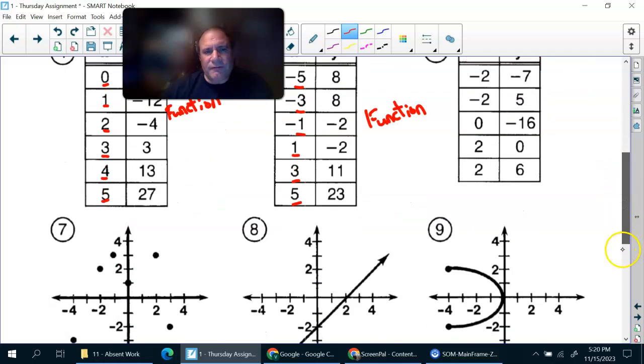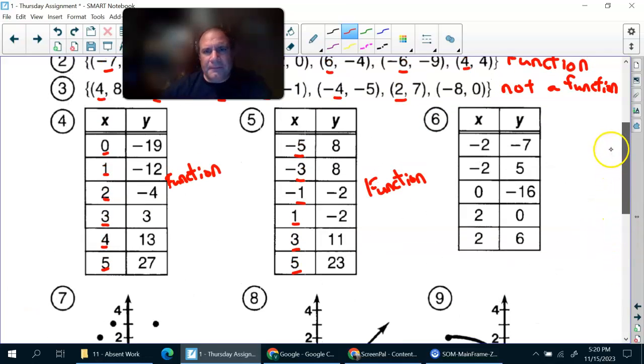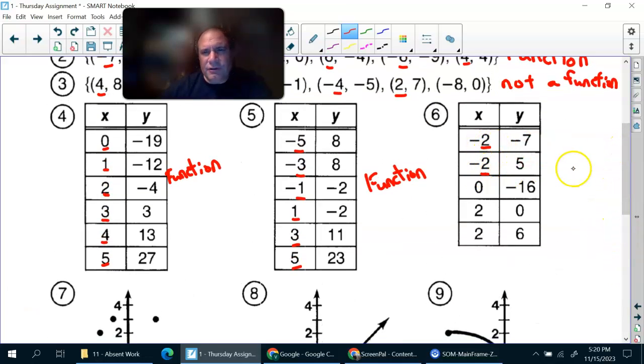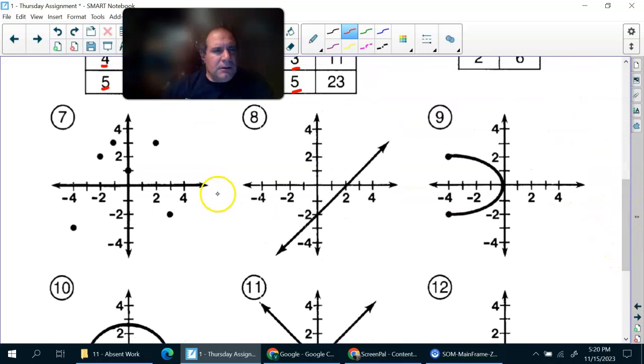So we cross number 5 out. -2, -2, not a function. Vertical line test, function, only once each time. This is a function.